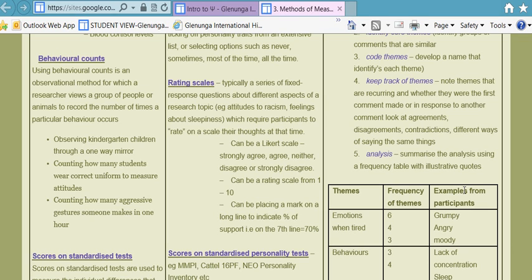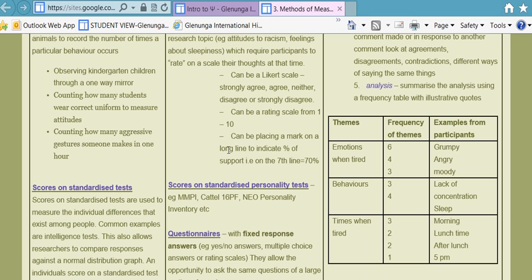All my students in another school in the country didn't wear the uniform. So we understand the attitude towards conformity and obedience to the school rules and to the wider society. How many aggressive gestures you are doing, how loud is your voice when you talk to a person, that could be a behavior count.